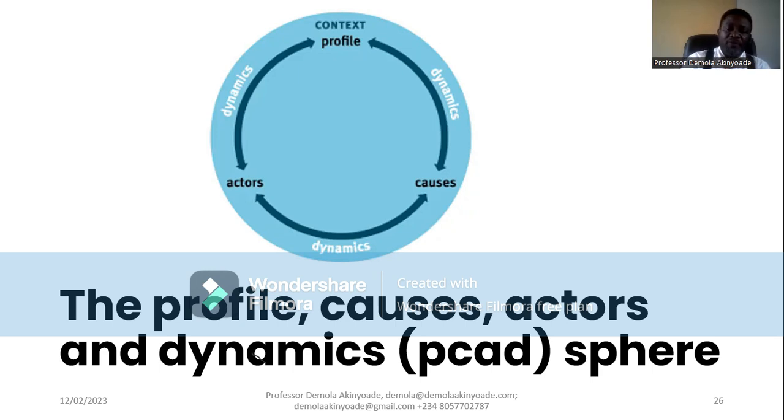Profile. From now on, we'll be using a case study of real life conflict. We can either pick the Niger Delta conflict, Sunday Igboho conflict, Northeast conflict, or any conflict within Nigeria that we'll be using as reference.